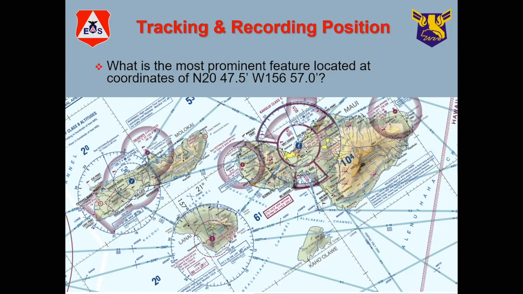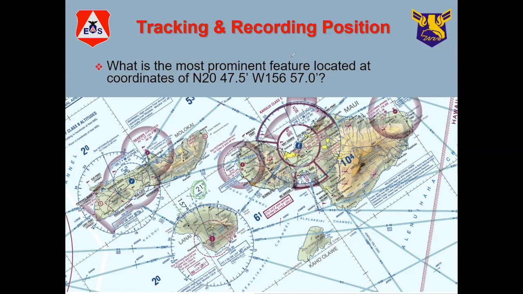So you need to look at the scale for the latitude lines and put a little mark at that 20 degrees, 47.5 minutes. We see here, this is 21 degrees on the map. And we're looking for 20 degrees, 47.5 minutes. Each one of these hash marks is going to be a minute. So we're looking at 47.5. We're looking at, what is it, minus 12.5, probably about right here.